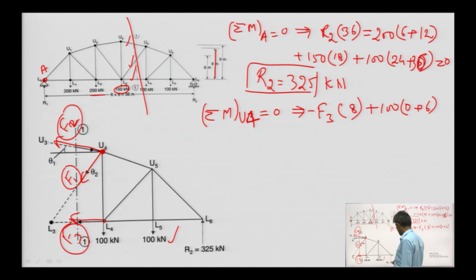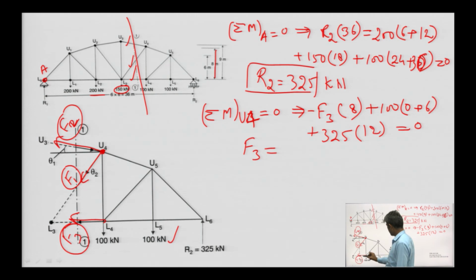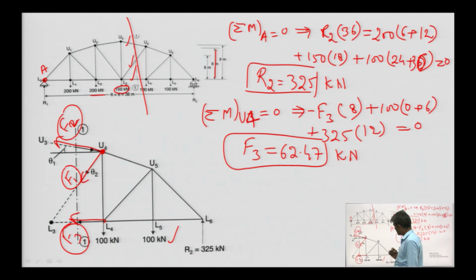Then 325 multiplied by perpendicular distance 6 plus 6 means 12, and the direction is anti-clockwise, so take it as plus. So, the value of F3, for the member L4 L3, is 62.47 kilonewton. After calculating you will get this value.